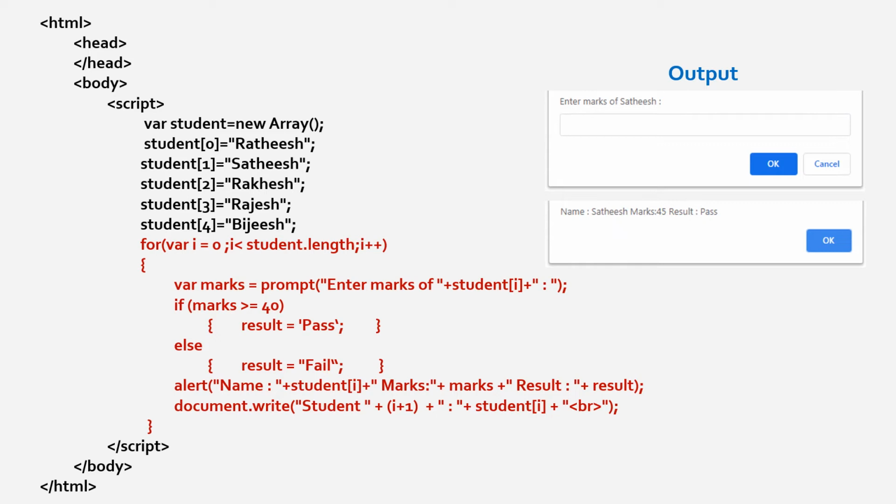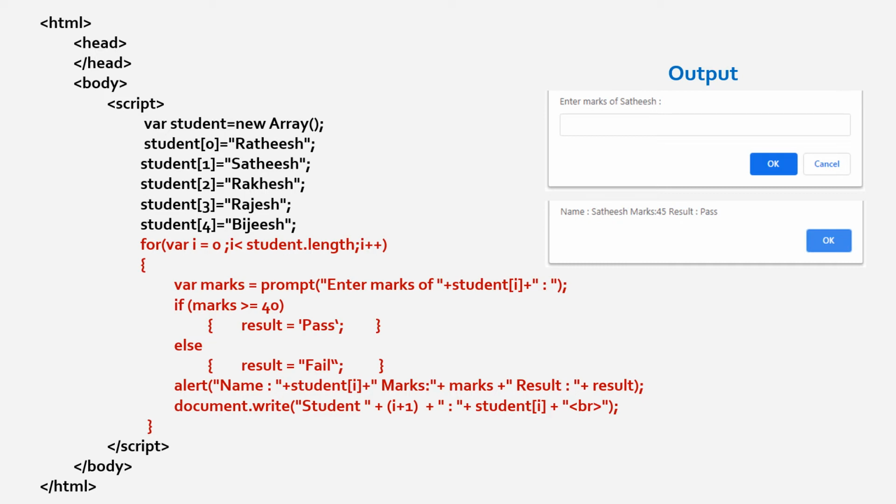Now the result will be printed: name of the student, the marks, and the result, whether he has passed or not. This way. Then after finishing this, i++, that means the index of the array will be incremented by 1. Then the condition will be checked.